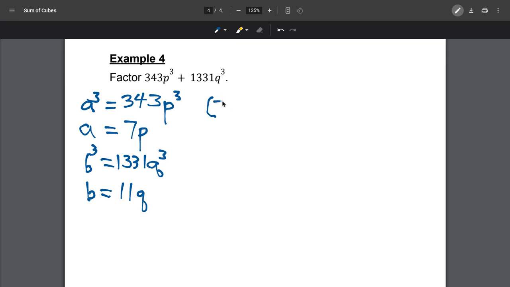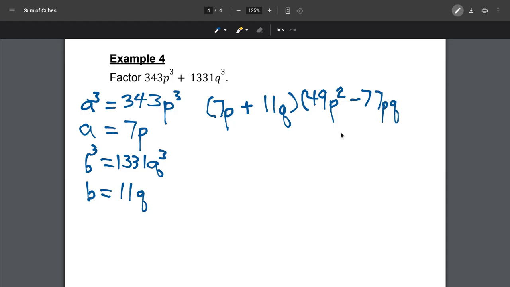All right, so we'll start with 7p plus 11q, and then we have a squared, so 49p squared, minus ab, so minus 77pq, and then plus b squared, so it's going to be plus 121q squared. There we go.